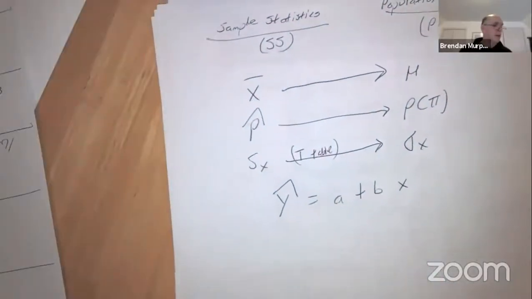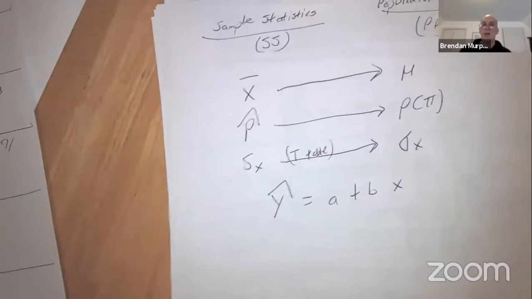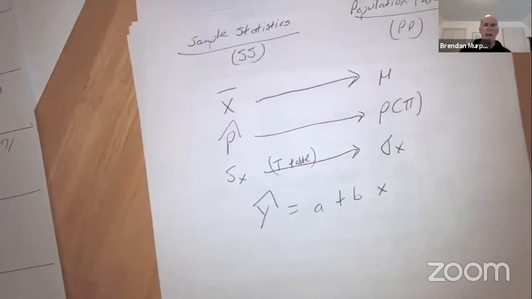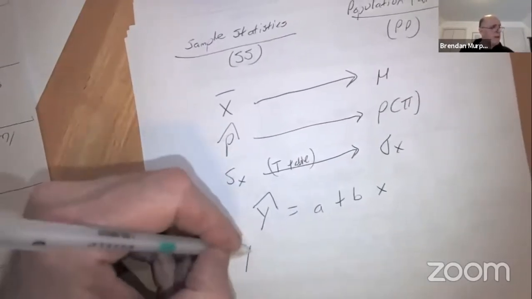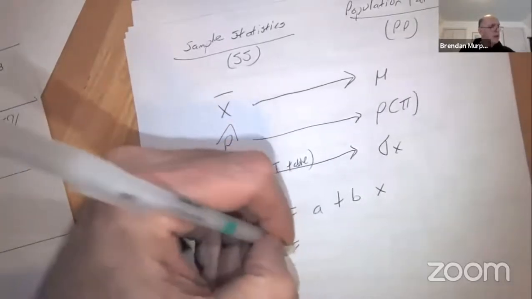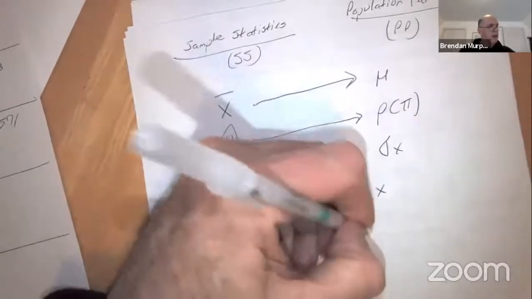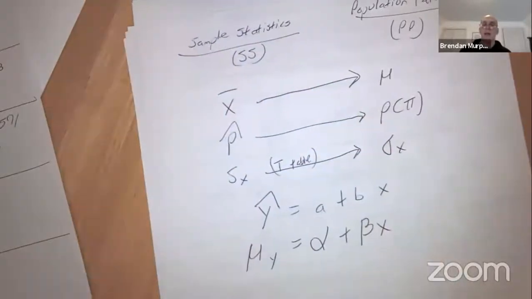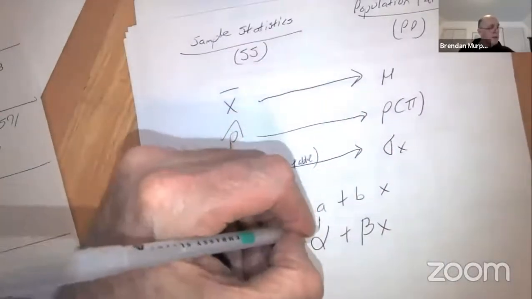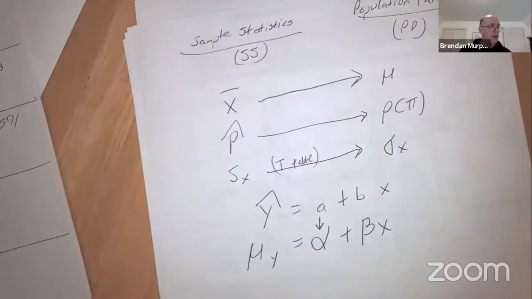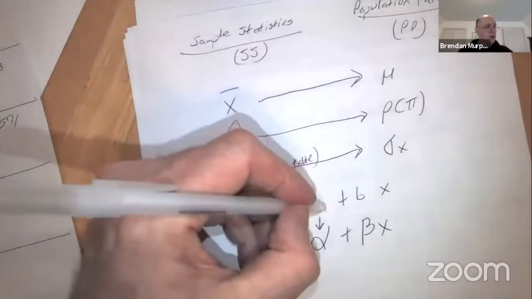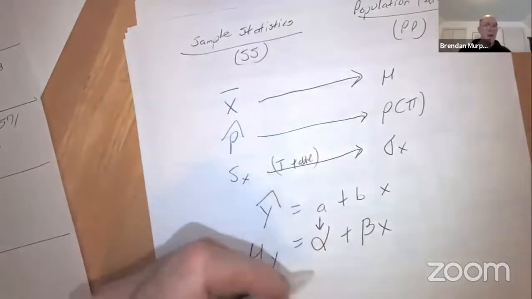So again, here's my equation for what I'll call the sample least squares regression line. And I showed you that, I think, on my slide. And I want to use these values to come up with what I call the true regression line or the population regression line. This little a, I'm going to use that to come up with what we call alpha.